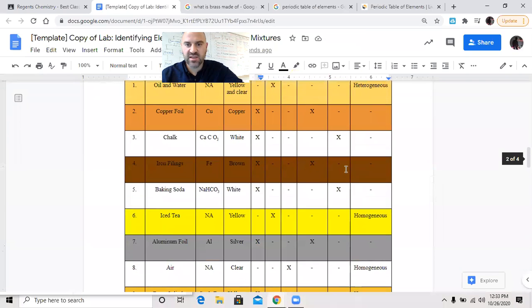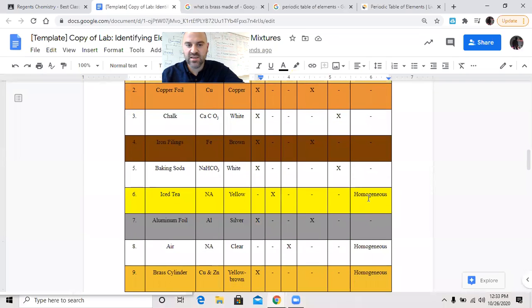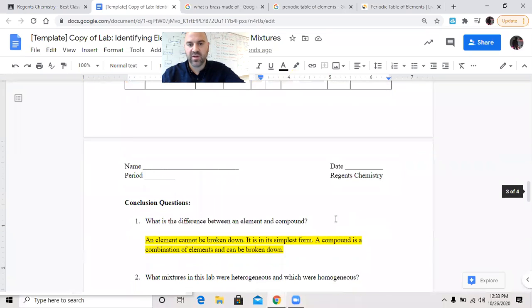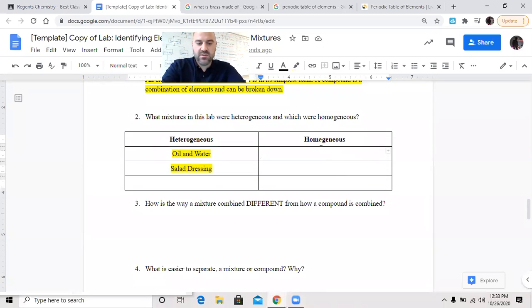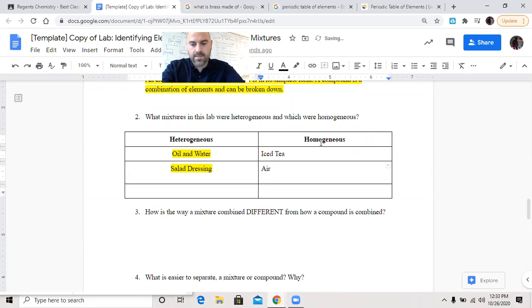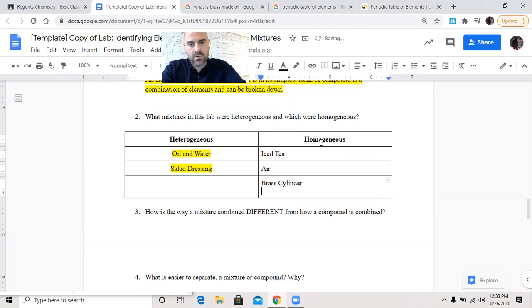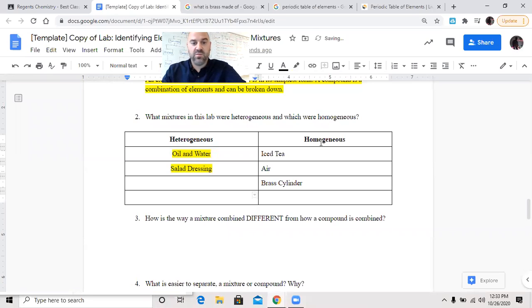Homogeneous mixtures, you can see again, are going to be iced tea, air, brass cylinders, and lotion. Let's see if you memorize those. Iced tea, air, brass cylinder, and to add a new one, we need to add another box here, another row below.